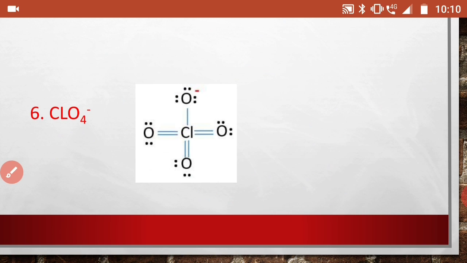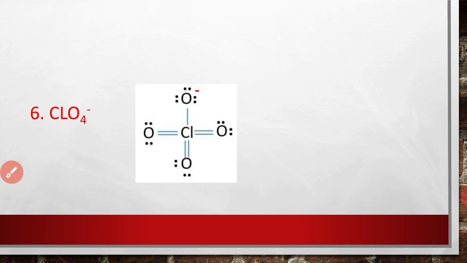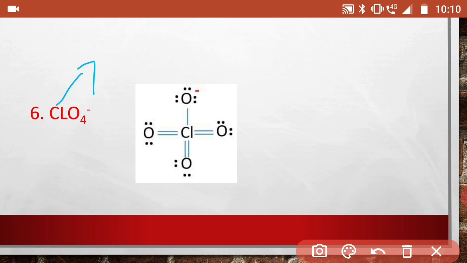So we can say that in chlorate ion chlorine has plus 7 oxidation state and oxygen has minus 2 oxidation state.